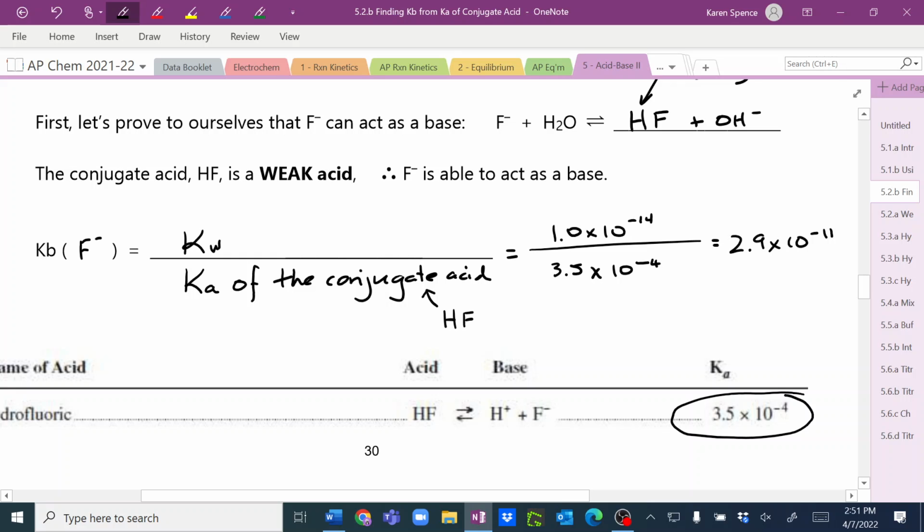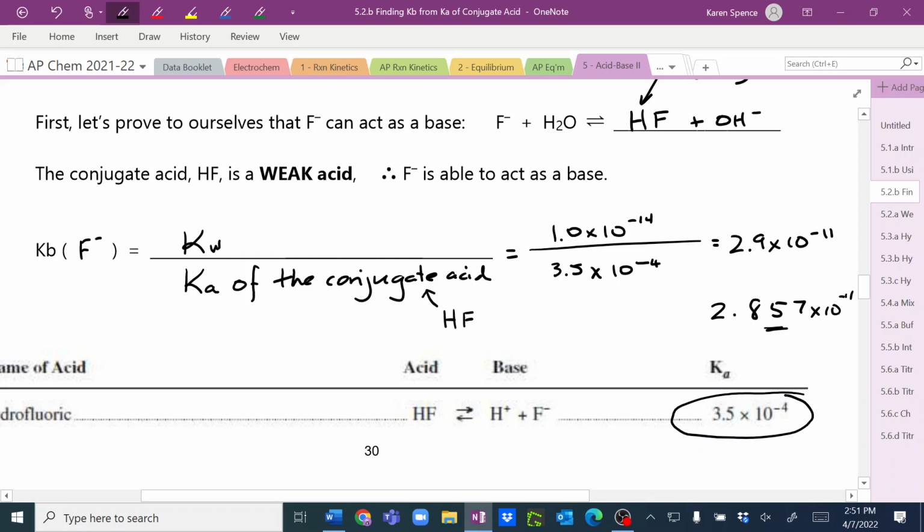Now, if you were going to then do something with this, other than just have that be your answer, I would say you would keep 2.857 times 10 to the negative 11 and round at the very end. Do not round early. Yes? Otherwise, you end up with rounding error. So if you were to use 2.9 in, say, a RICE table situation, you would probably end up with a rounding error, especially because that's a 5.